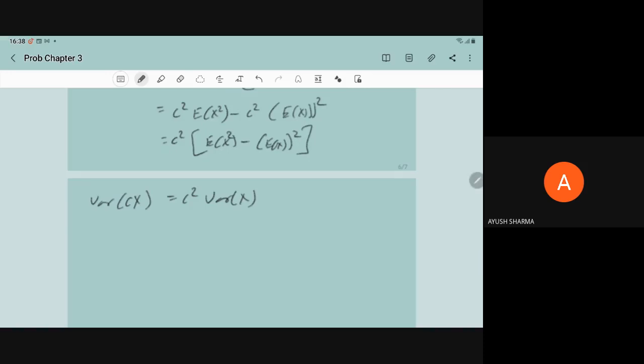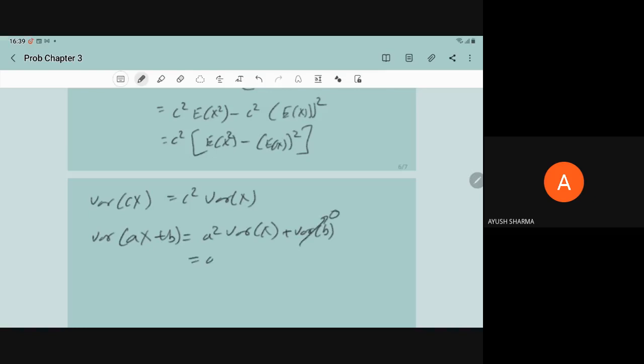Clear? So from here we have a very important conclusion, means if you have to compute the variance of ax plus b, that is equal to a square variance of x only, because variance follows the linear property. So you can write it as the variance of b also, but variance of b is equal to 0.